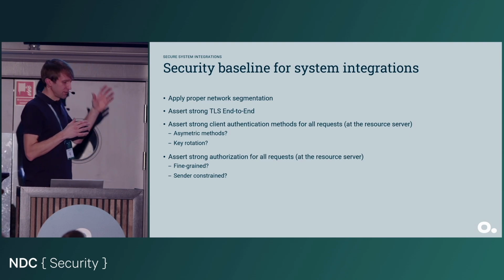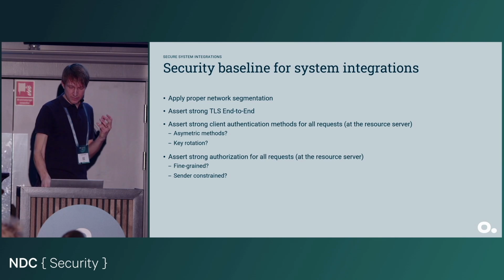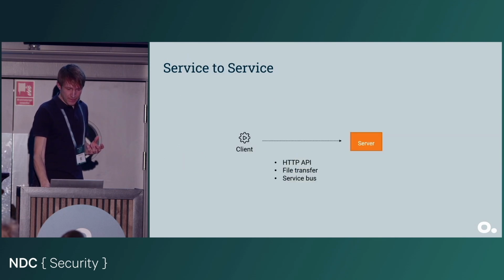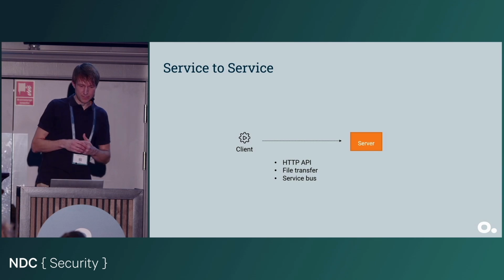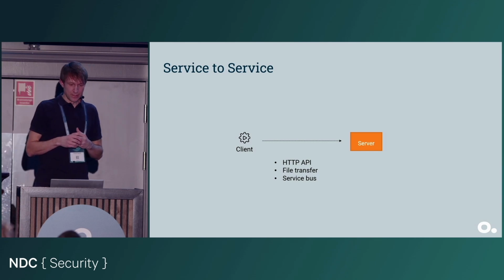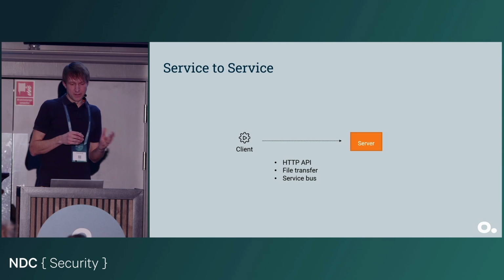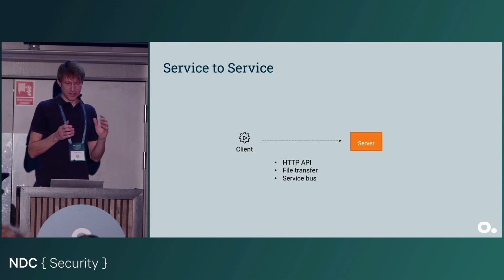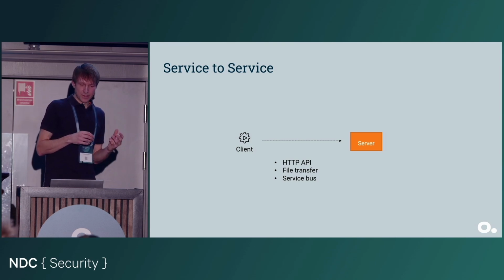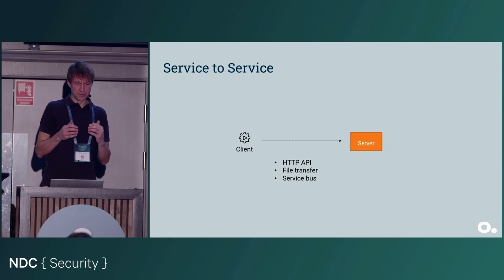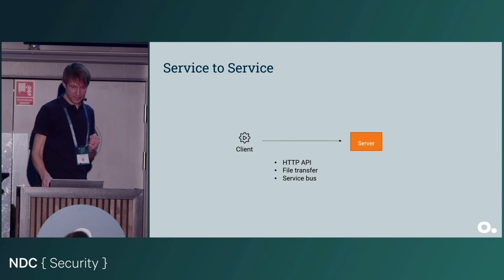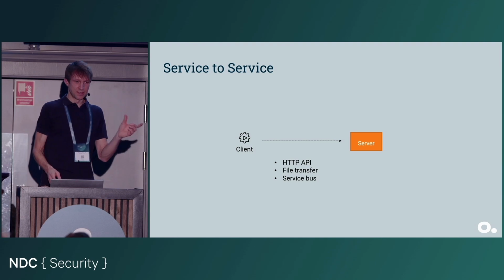So with this knowledge, we will now look into 3 more other kinds of integrations. So we have sort of done HTTP APIs, and next we will look into file transfers or sharing files, and also messaging, putting events on a message bus. But still, it's just client to server.